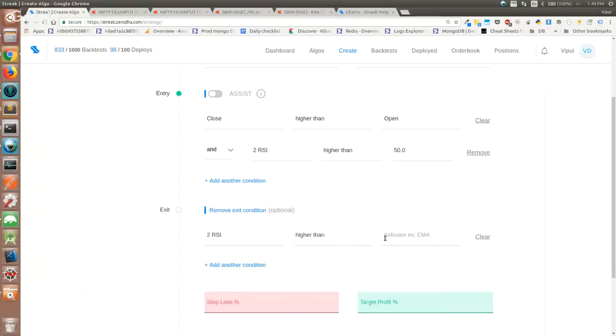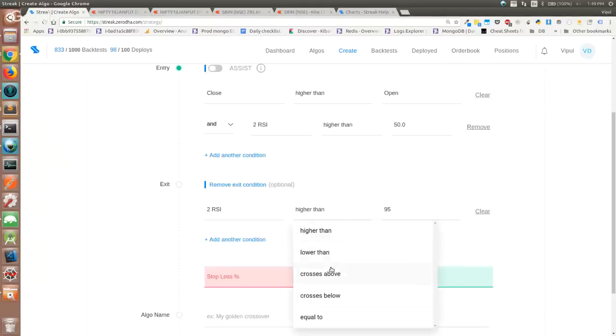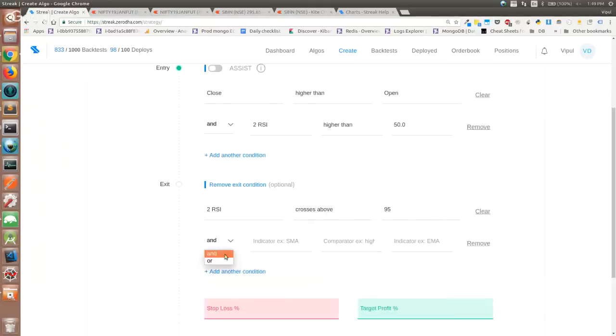So I'm saying if it crosses above 95, so if it enters into the overbought region, I'm selling out. So I'll say crosses above. Or when a red Renko is formed, so close lower than open.